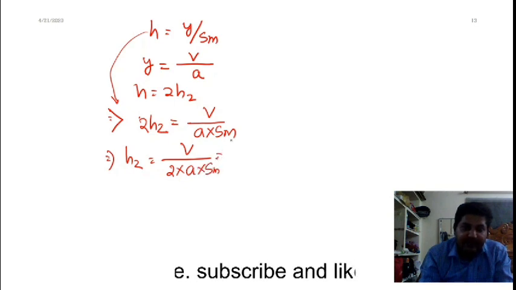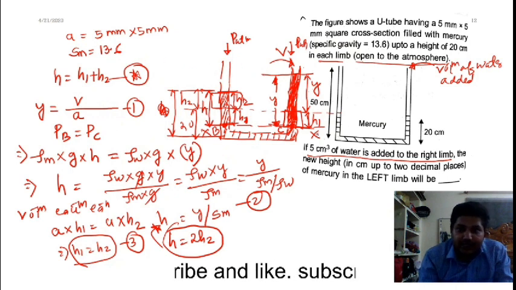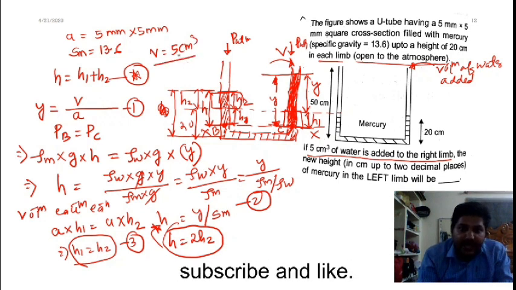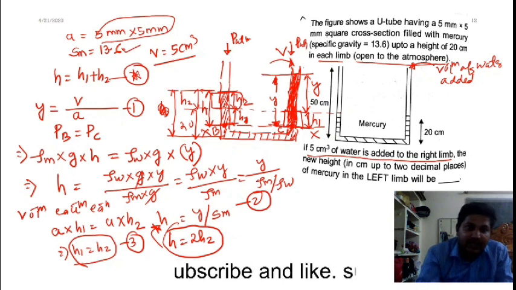Now see, here the volume of water is already given to you. How much is it? 5 centimeter cube is added. The cross section area is given as 5 millimeter into 5 millimeter, and the manometric fluid specific gravity is 13.6.